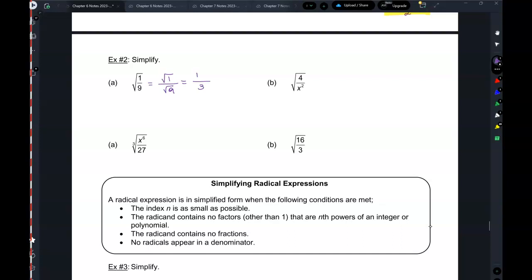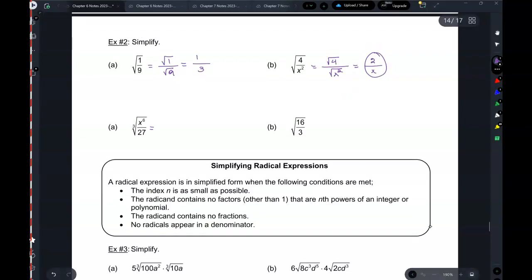Root 1 over root 9. That's it. Same thing here. I'm going to split it up. Root 4, root x squared. Now they're each mini problems of their own. On top, what do I get? 2. On the bottom, what do I get? X. That's it.